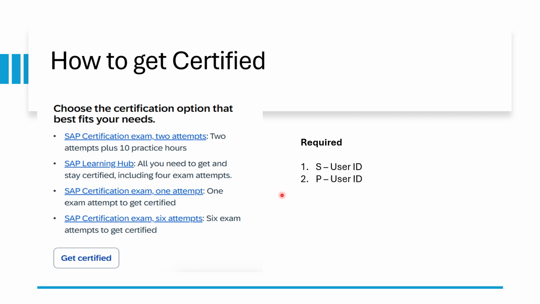So after placing the order, doing the payment, it will take 1 or 2 days to validate the subscription. This is the available option for the professionals who are already working in SAP products and working in organizations.